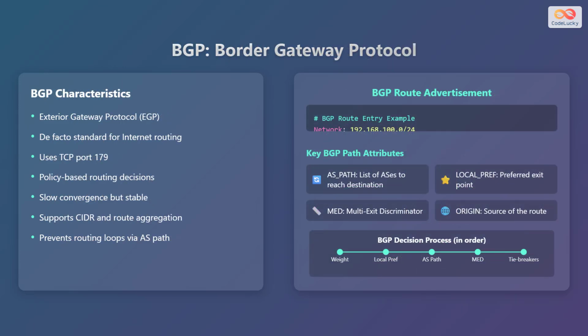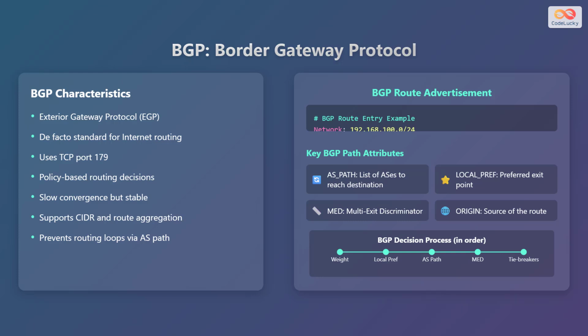Now let's take a closer look at BGP, which stands for Border Gateway Protocol. BGP is an Exterior Gateway Protocol, or EGP, making it the standard for Internet routing. It operates using Transmission Control Protocol, or TCP, port 179.